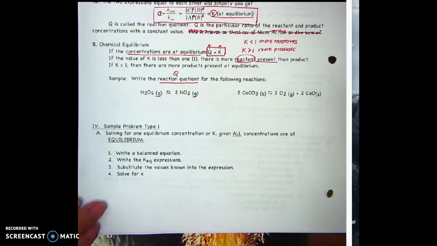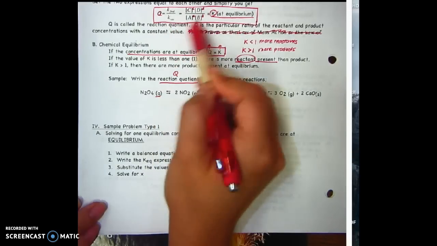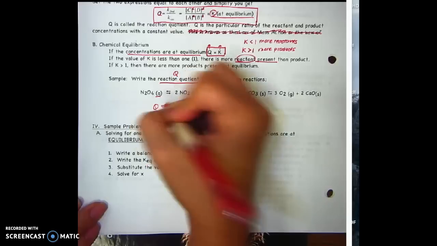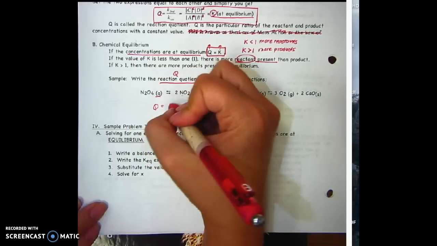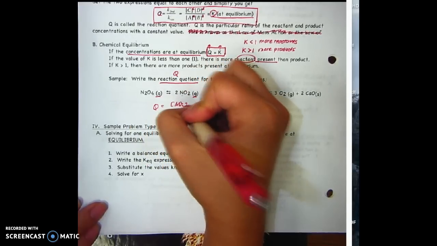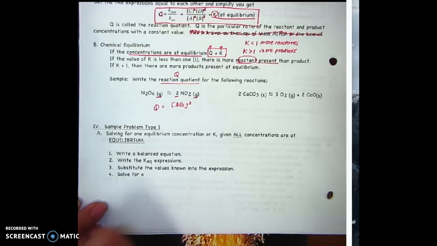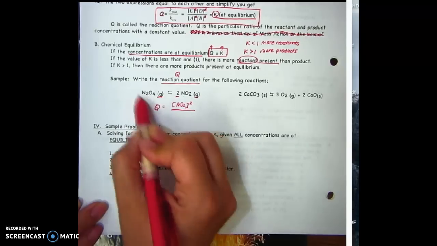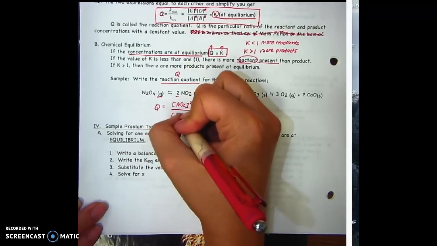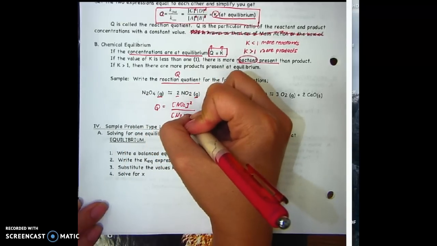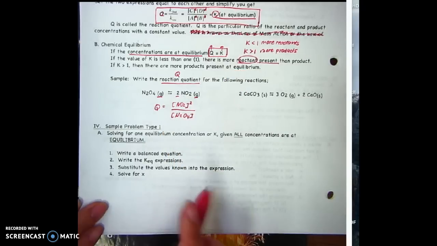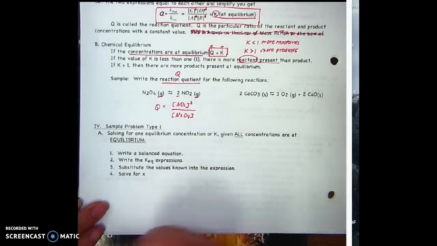So I'm going to set up an equation just like this on top. My Q is equal to the concentration of products. I have NO2, and my coefficient of 2 means that I put it to the second power. And we're going to divide it by all the reactants that I have, and I only have dinitrogen tetroxide, N2O4, with a coefficient of 1, so nothing there.